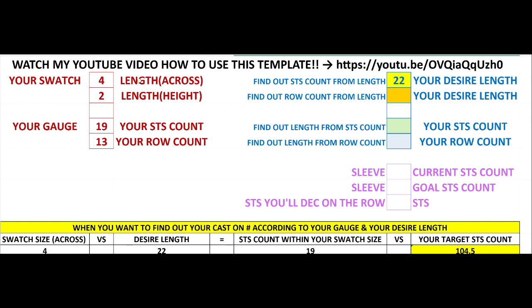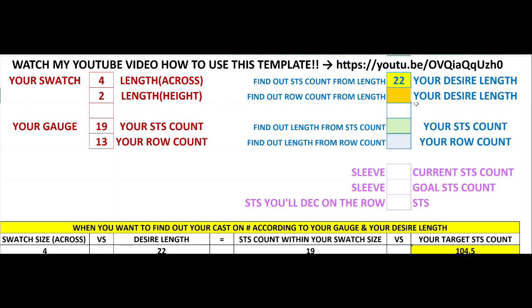Okay, so this is my gauge. So you have to keep the gauge information here. And let's input the numbers you decide. Okay, first of all, the length you want to knit, to find out how many rows you need to knit from now before the rib.